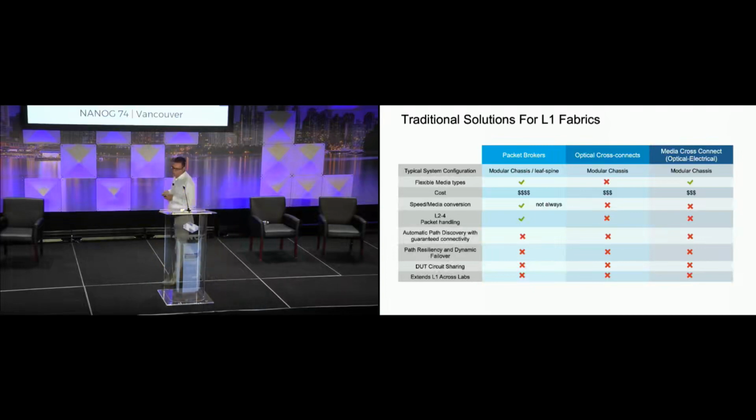The ability to operate in an environment with high availability and resiliency, also the ability to perform what I call here DUT circuit sharing, the ability to leverage a single channel across multiple DUTs, and even extend the layer 1 connection across labs or layer 3 networks, or even labs on different floors, is not there.